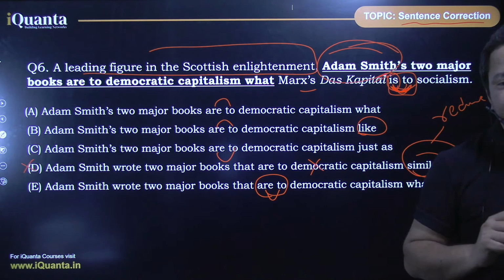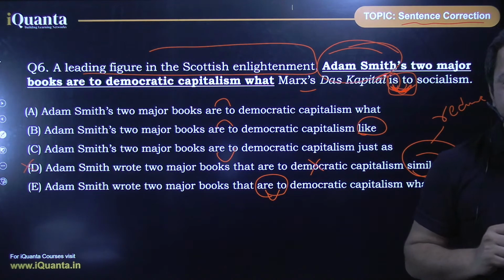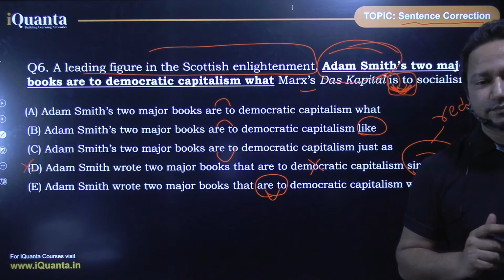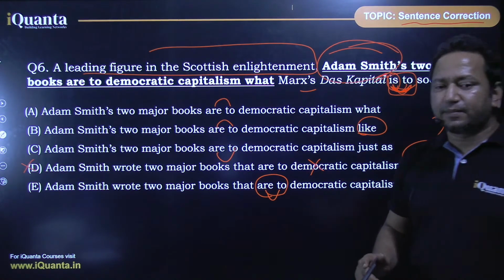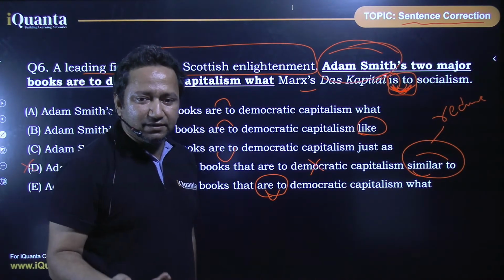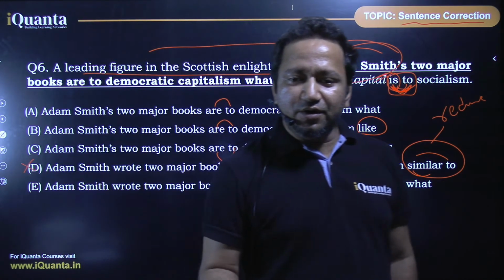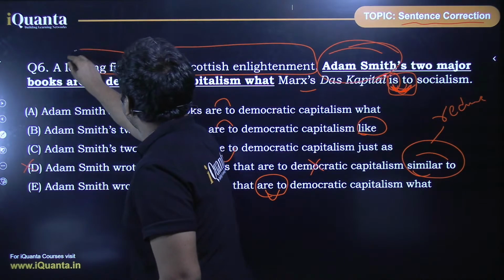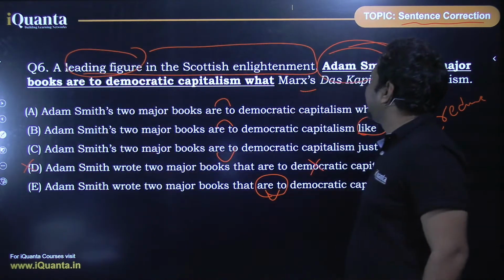Tell me. Shoot this in the comments. It is talking about the leading figure, which is Adam Smith himself. No, Raymond, it is talking about, see, a leading figure in the Scottish Enlightenment.